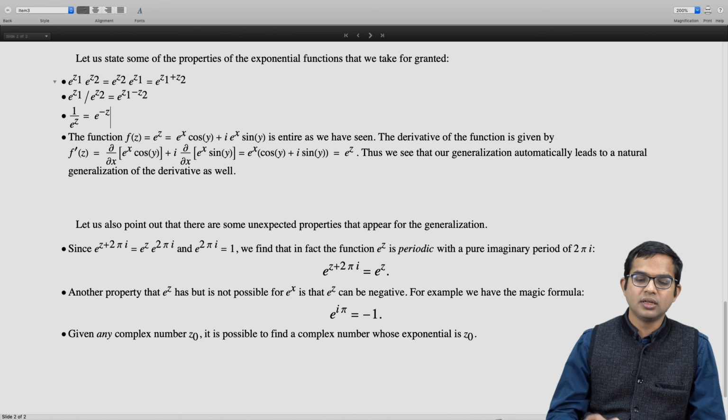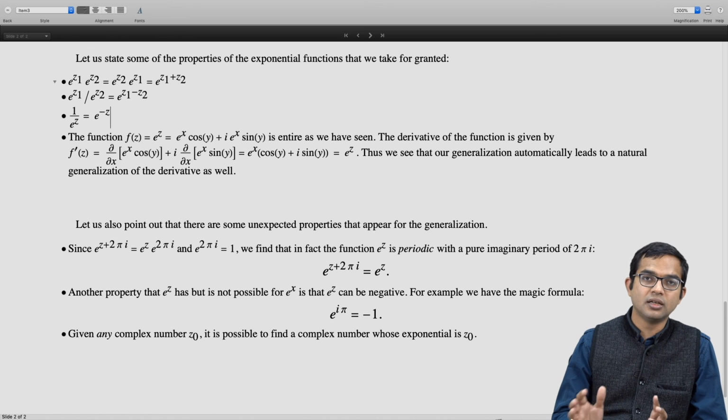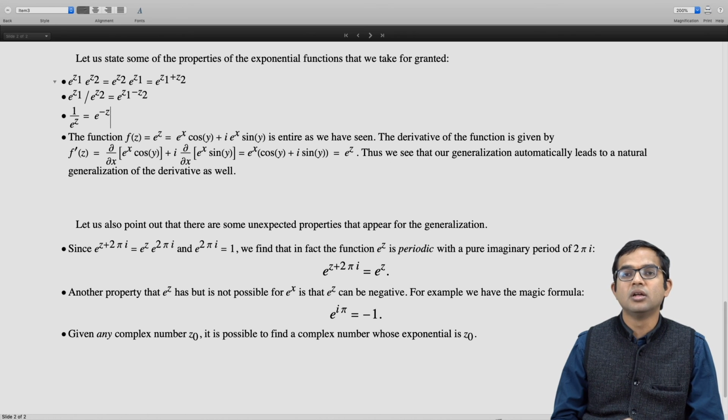This is a statement we'll just make here, but this is the seed of how to find such a complex number whose exponential will be a given complex number. If you go further in that direction, that will lead us to the next function, which we will discuss in detail in a separate lecture, namely the logarithmic function. But as far as this lecture is concerned, the focus is on the exponential function, and that's all for this lecture. Thank you.